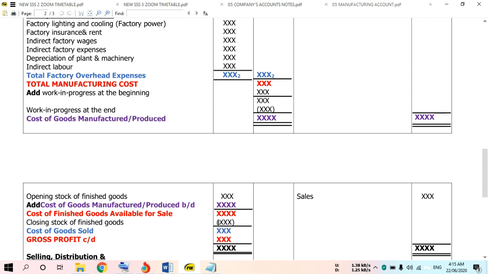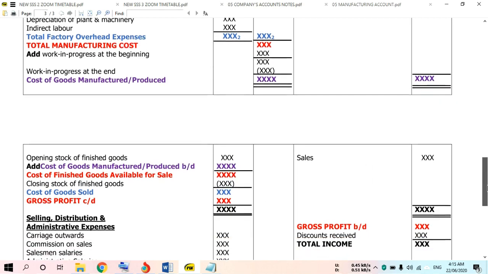The cost of goods sold will be compared with your sales, already on the credit side of the trading account. When your sales is greater than cost of goods sold, you get what we call gross profit c/d.